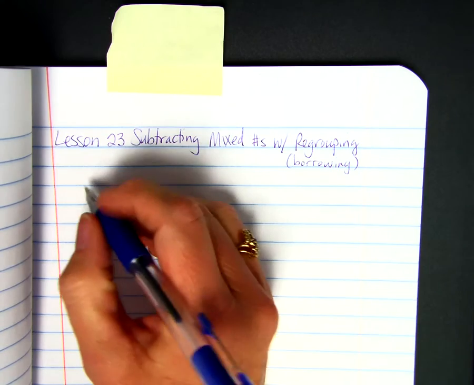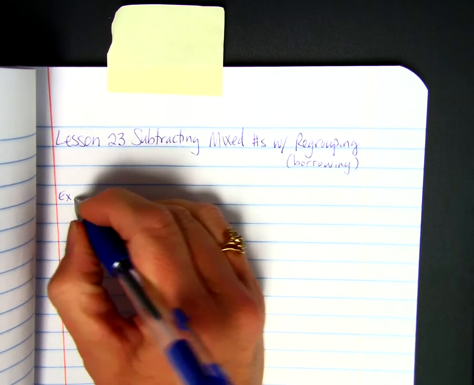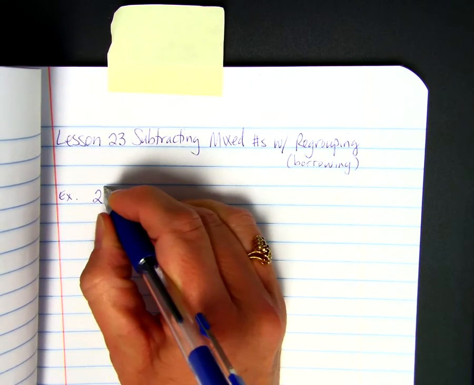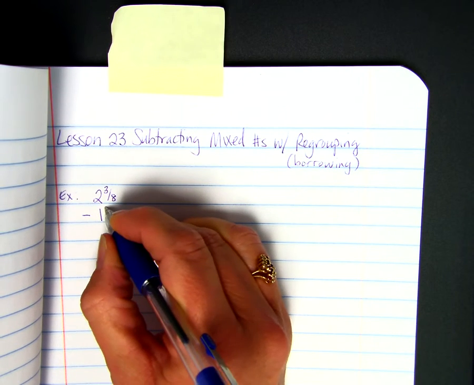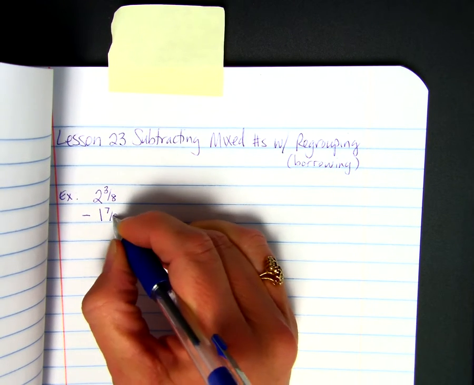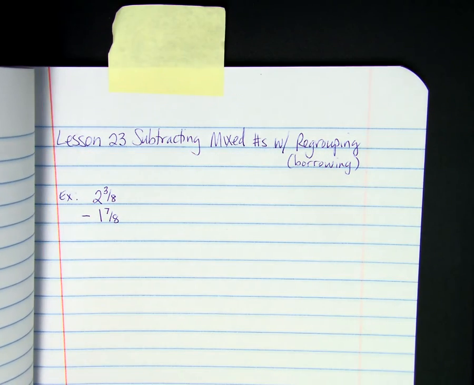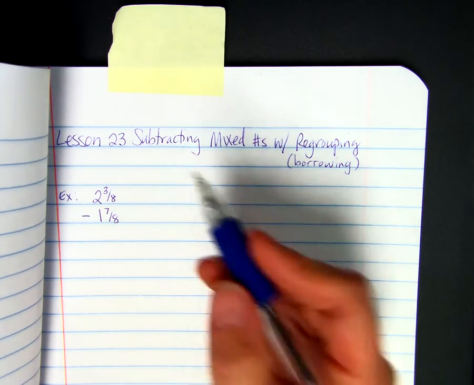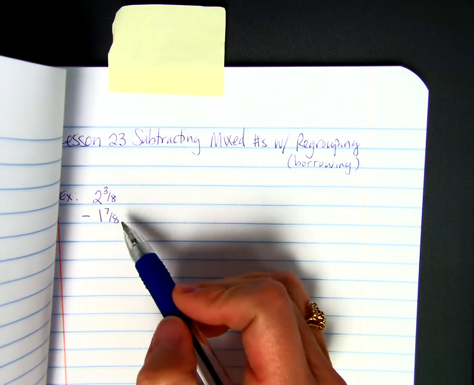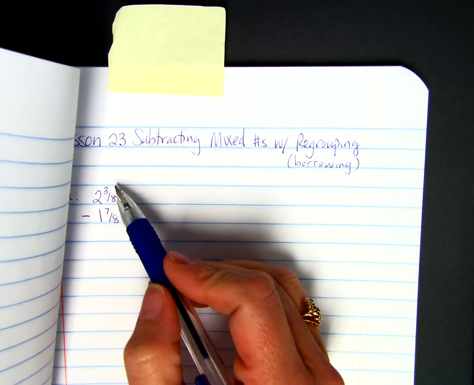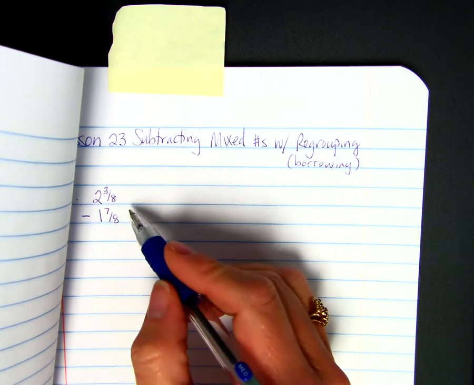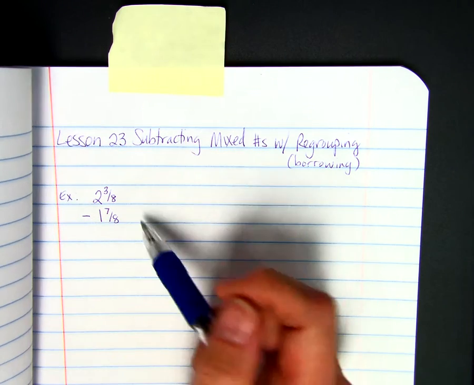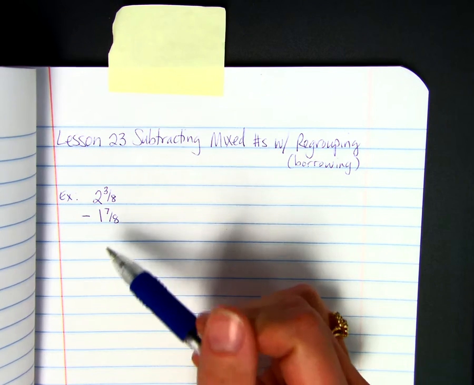So the first example, we want to have 2 3/8 minus 1 7/8. So when we subtract these fraction parts, we're going to go into the negative numbers, which you can do, and I can show you that if you want.